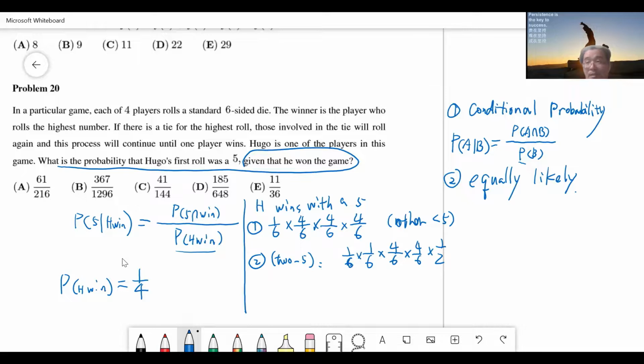But not just this case, right? Because we can have Hugo and player B get a 5, so this does not necessarily have to be Hugo and A. Could be Hugo with B, Hugo with C. So basically there are going to be 3 of these cases. This is going to be times 3.